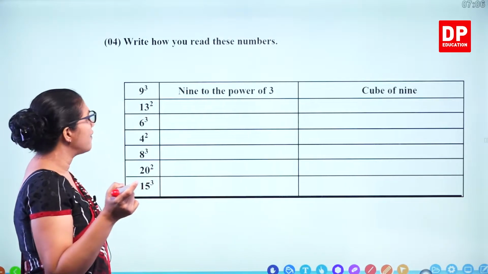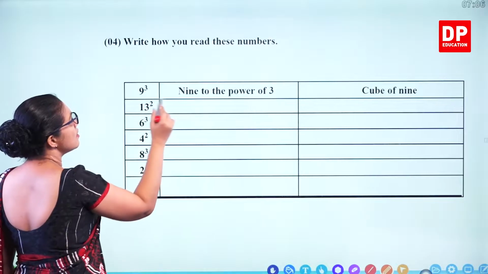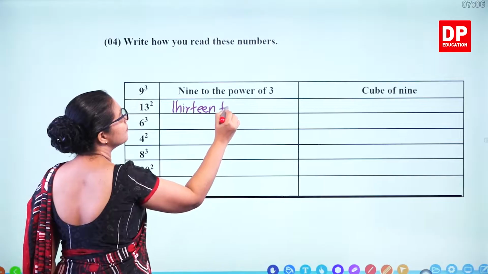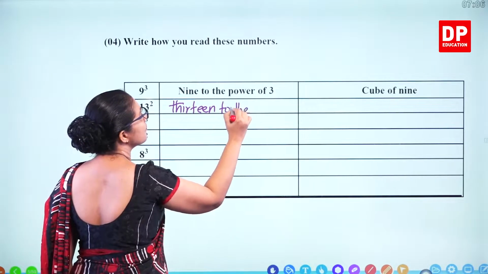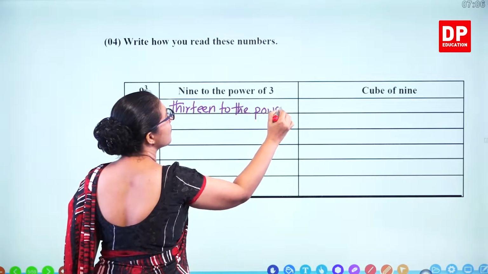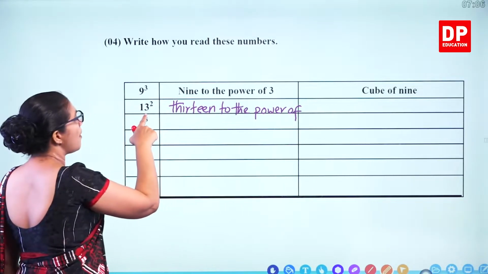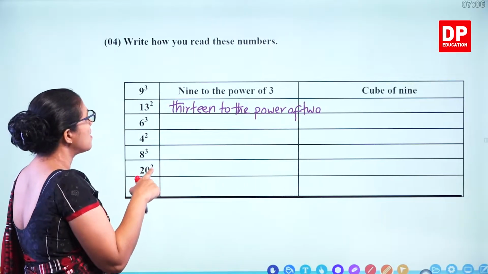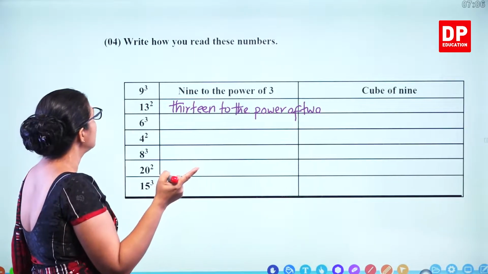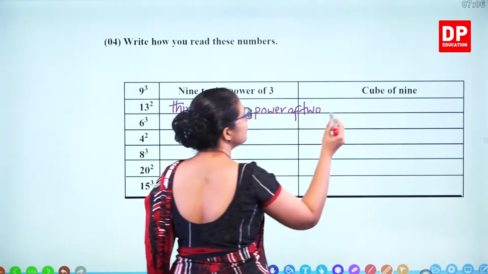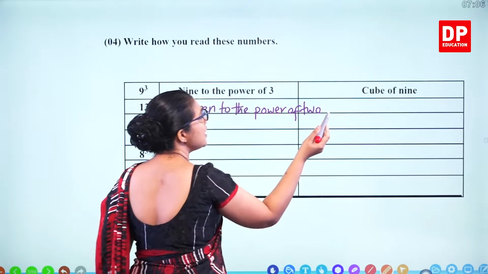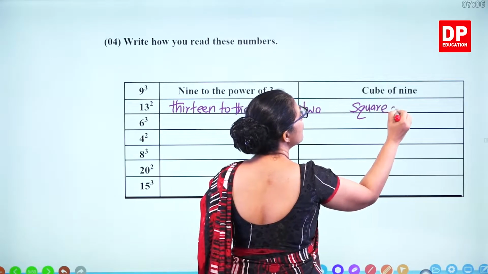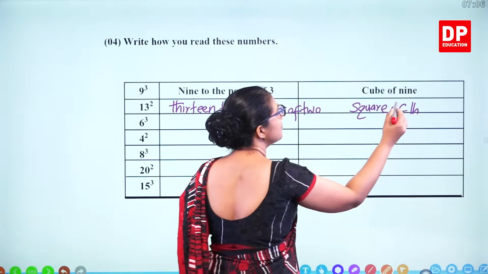Likewise, 13 to the power of 2, you can write 13 squared, square of 13.